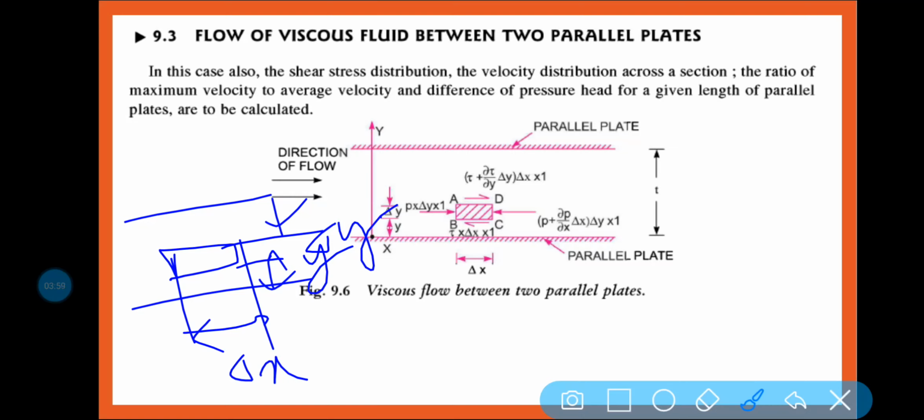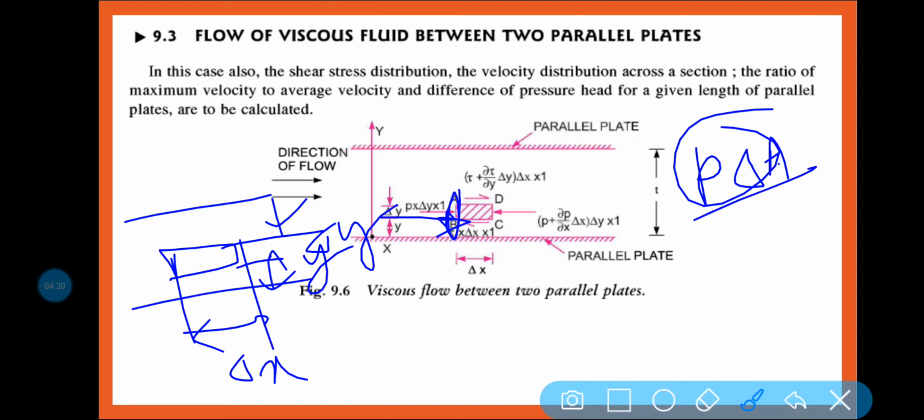Now in this face AB there must be some pressure force. Let us consider P is the pressure. Then the pressure force is pressure into area. In this face AB, let us consider the thickness is 1 unit.